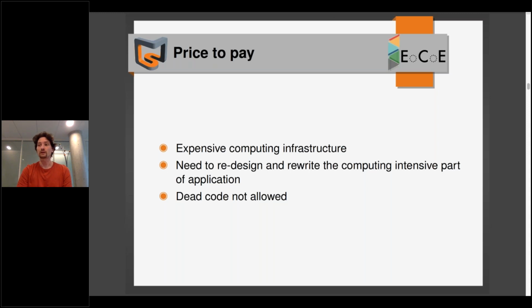And dead code, or not useful code, is really not allowed here. If you have non-useful code in a Fortran application, the binary will be a bit larger than it could be, but you don't care, because that will be instructions that will not be executed by the CPU.